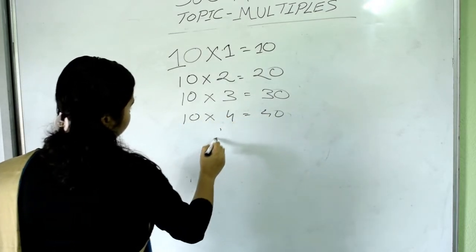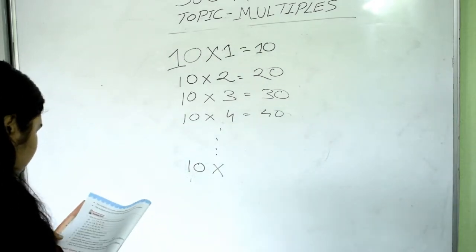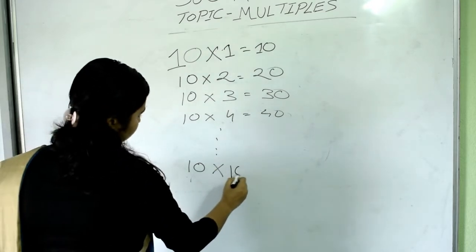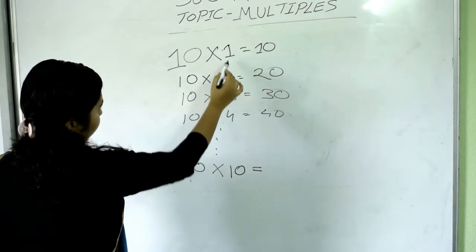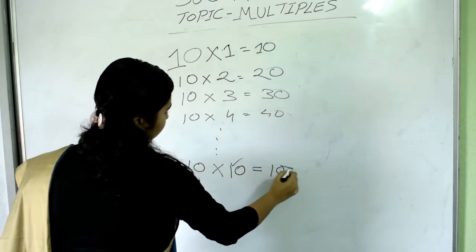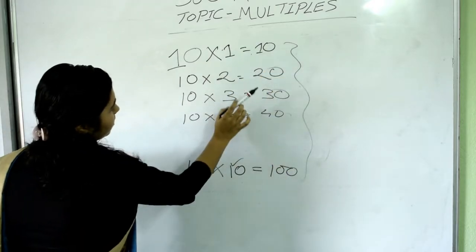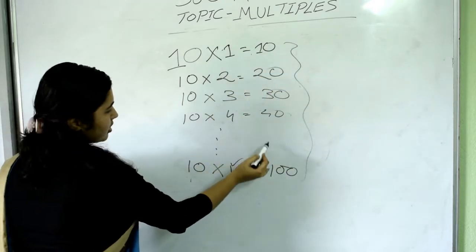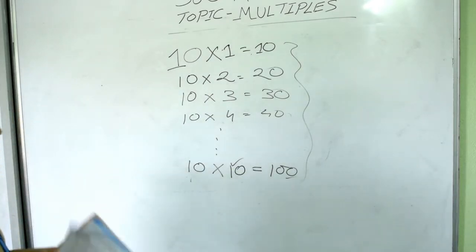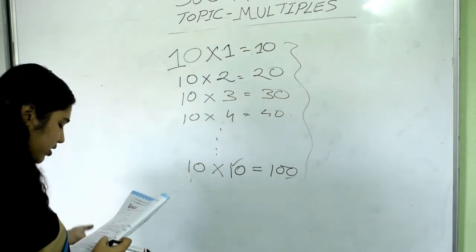Which is 40 and so on. We have to do it up to the first 10 multiples, that means up to 10, which is 100. So all the multiples 10, 20, 30, 40, 50, 60, 70, 80, 90, 100 are even numbers. That means the multiples of an even number are always even numbers.